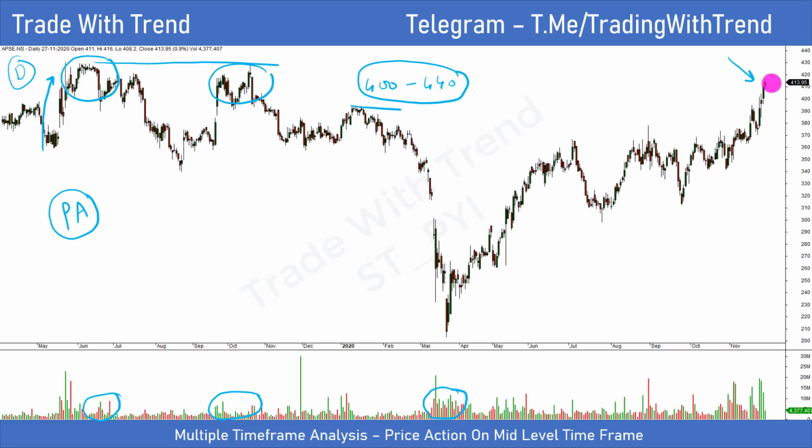But this time around, when price is approaching this resistance level, take a look at volume activity. There is substantial volume spike that is happening over the last 2 months. And if you take a look at this volume activity and compare it with these two regions here, it is clearly visible that stronger hands are entering this stock, thinking that finally a breakout will come about above the region of 400 and 440.